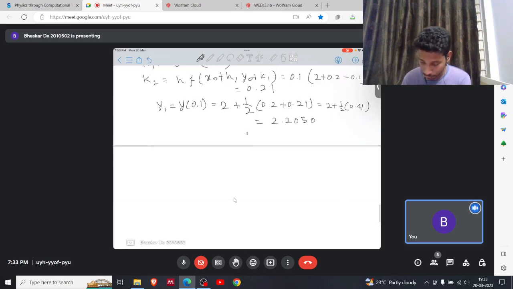Now if we proceed further to obtain the value of y2, that is y at 0.2, we'll assume the value of x0 equal to 0.1 and y0 equal to 2.2050, which we obtained from here.